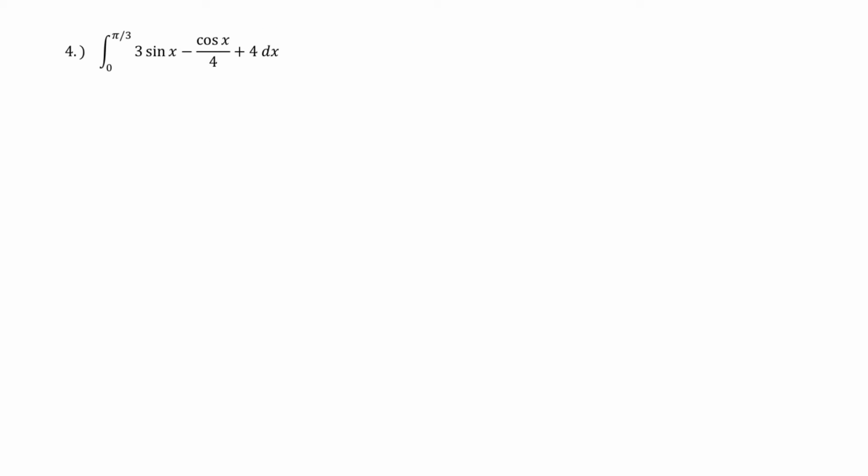All right, so this one is going to be our first definite integral. Something I want to mention with this one, this cosine x over 4 is the same thing as 1/4 cosine x. And it can be easier to write it like that. So I'm going to integrate.